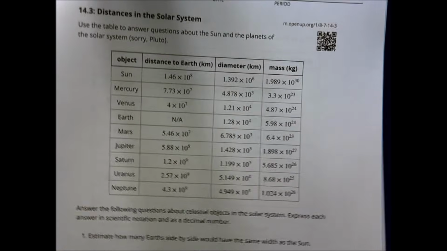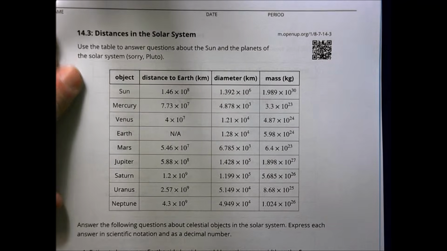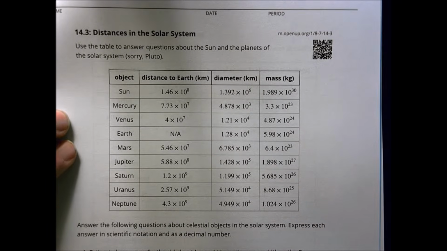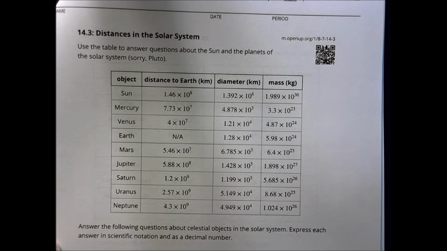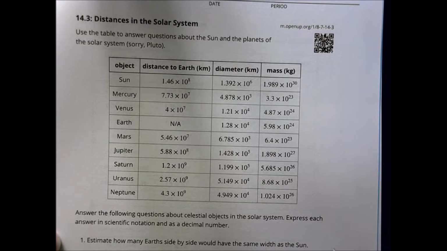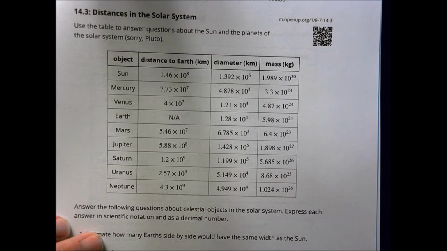All right, so here we go. Use the table to answer the question about the sun, the planets, and the solar system. Sorry, Pluto. Okay, so same idea. Estimate how many Earths fit side by side and would have the same width as the sun. So we're now going to be doing some division here as well. So Earths and sun.